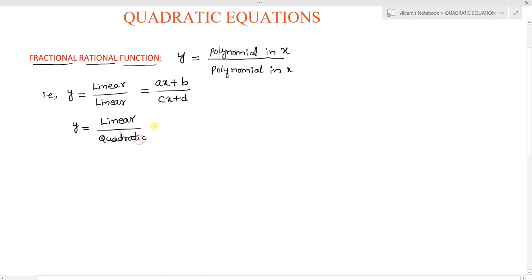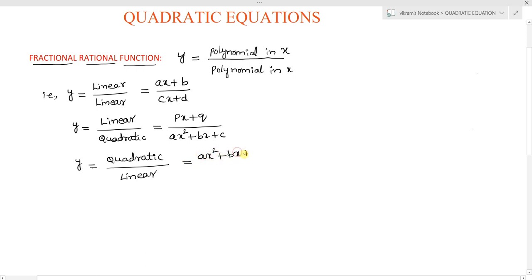The example is px plus q by ax square plus bx plus c. Or otherwise, a quadratic expression by a linear expression, like ax square plus bx plus c by px plus q.